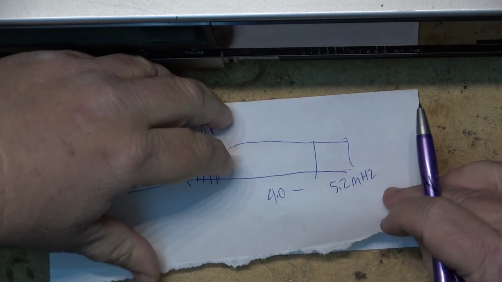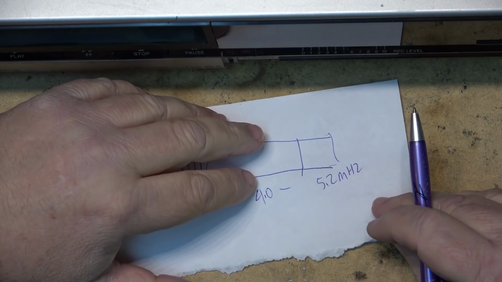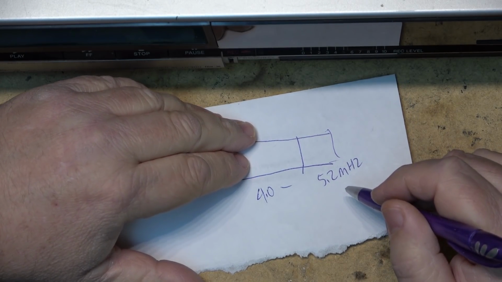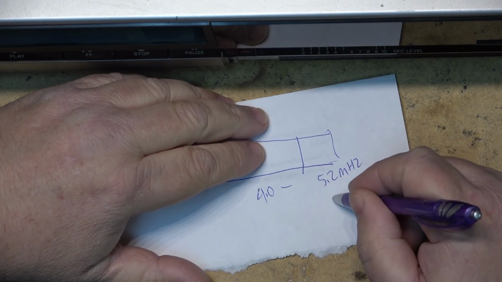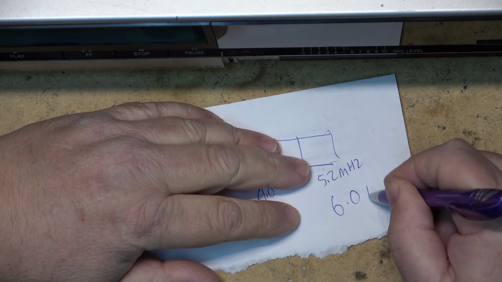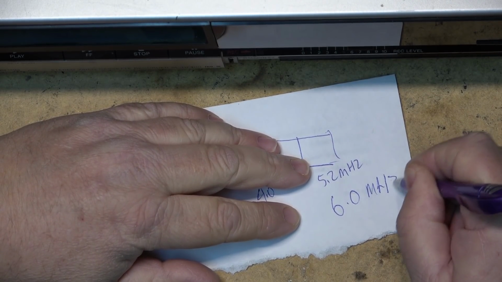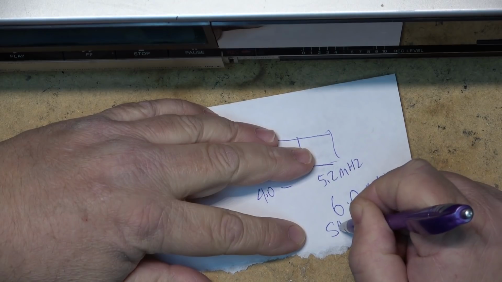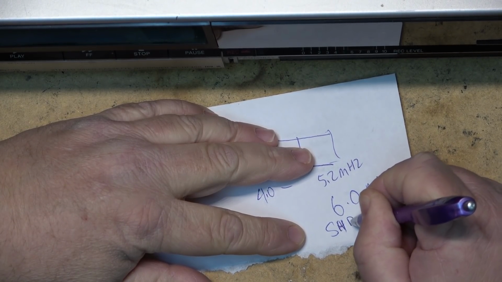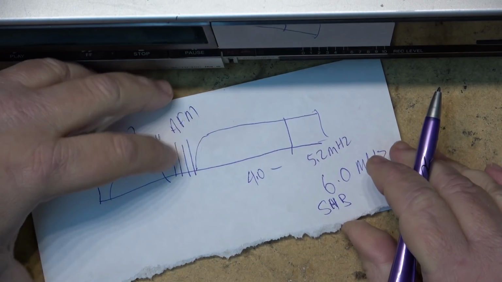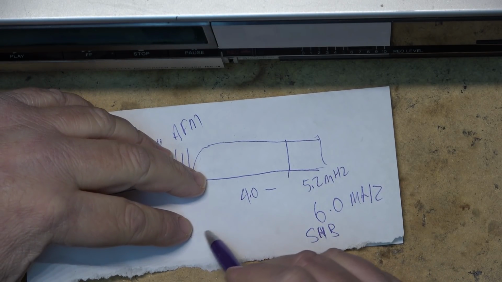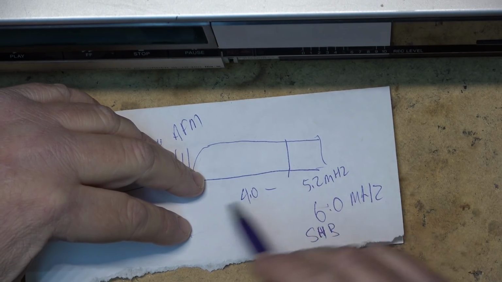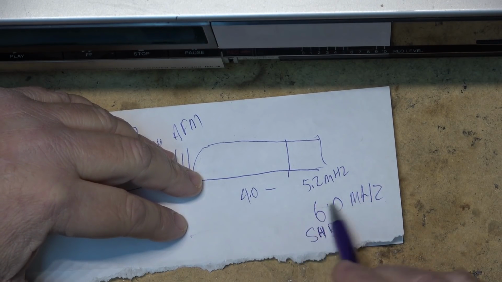Now, the Betamax system was expanded once again with Beta 1, where they took it from 5.2 and extended it all the way out to 6.0 megahertz. And this was called Super High Band. So the low end was still at 4 megahertz, but it now went all the way to 6 megahertz. And that's the Beta 1 SHB.